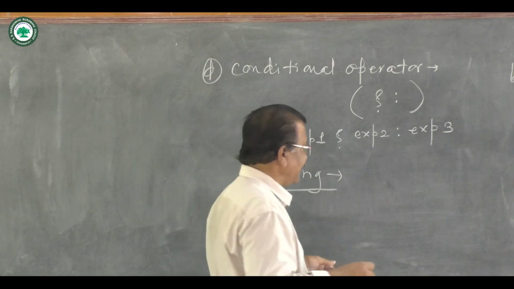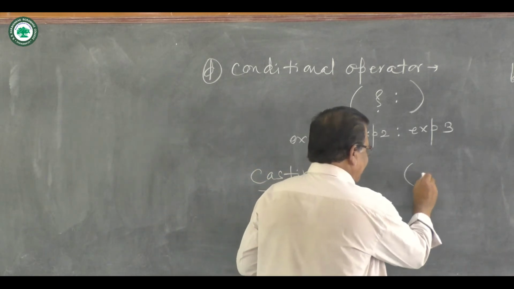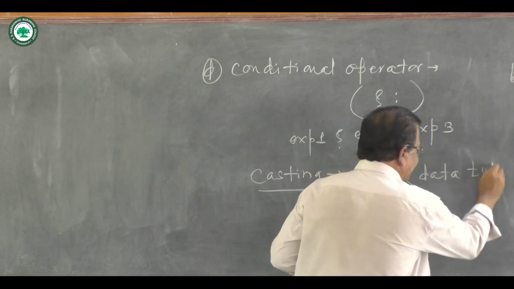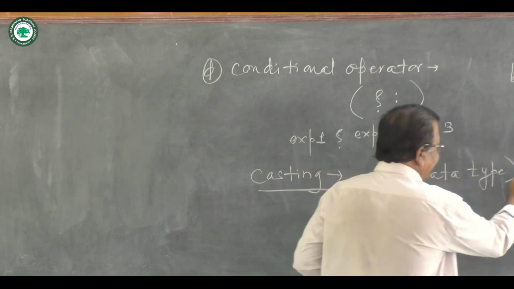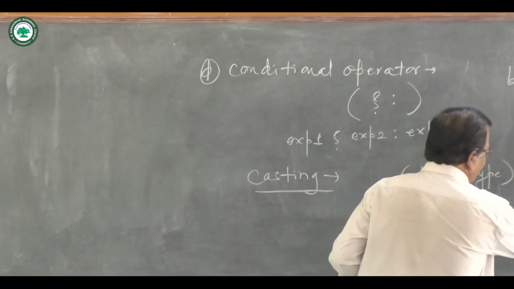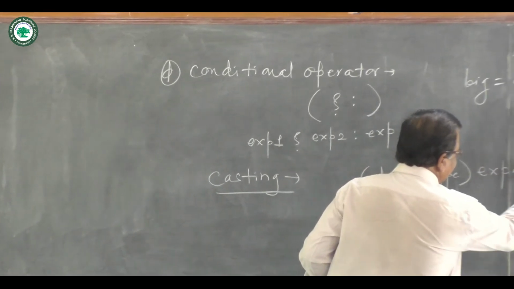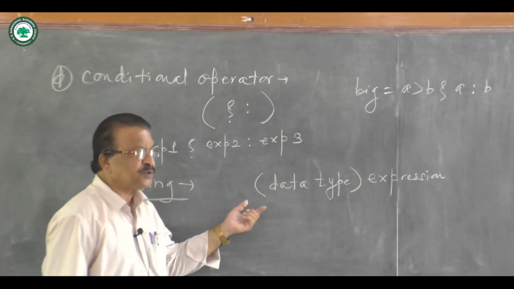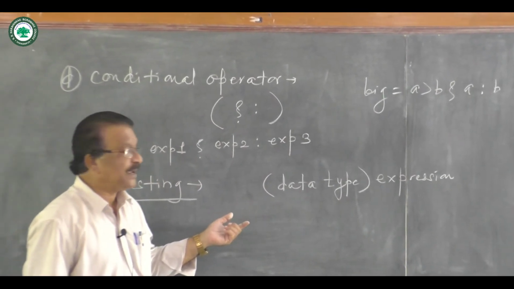The general form is, in parentheses, the desired data type, followed by the expression. Okay. This type of construction is known as casting or typecast.